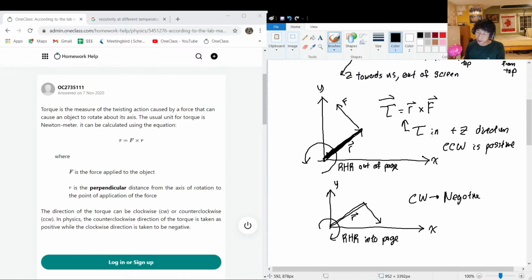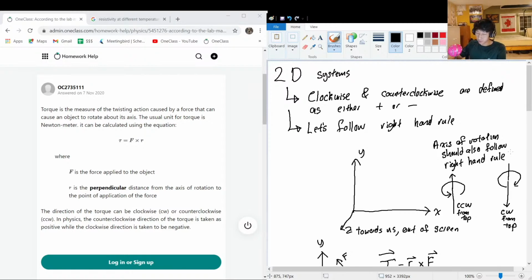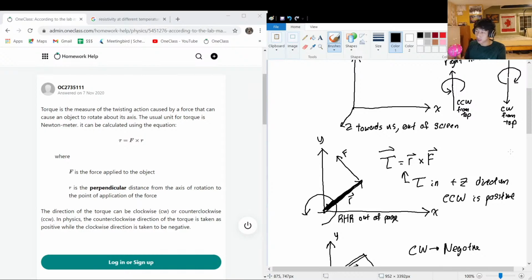Even as backwards as that may feel, because we like to think of positive things as things we're more used to, or we're more used to clocks going clockwise. But as we see, the right hand rule is more powerful, and we're going to use the right hand rule to define our positive or negative direction.